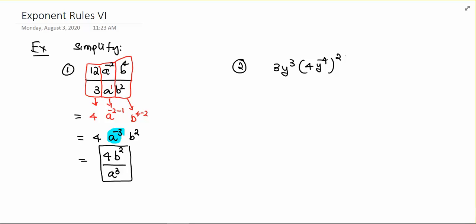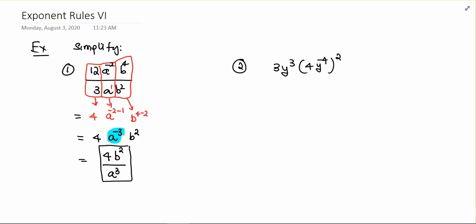Groups first, so clearly when you look into the group, there's nothing to do, because 4y to the negative 4 is 4y to the negative 4. And this also leads me to a new point: I don't necessarily mess with the negative exponent right at the beginning. I take care of the negative exponent right at the end. But that's just me. You may choose to take care of the negative exponent right in front, if you want to. But I'm going to let it be and just work with it.